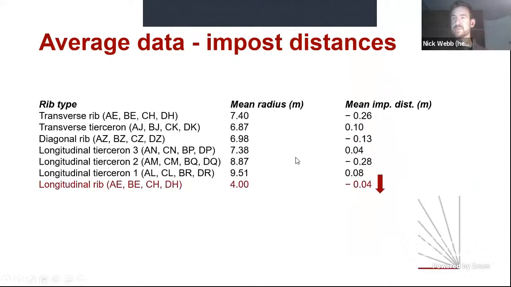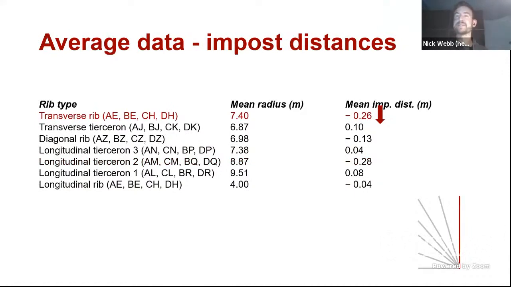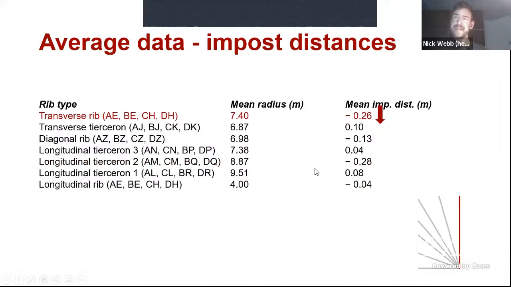So if we work round a quarter plan, we can see we start with the arc center being below, then above, then below, and above, and below, and above, and below. So this backwards and forwards pattern that we get in 3 dimension is also being seen in an up and down pattern in the impost distance. And that again is because of the use of the chord method and the geometric principles of it.